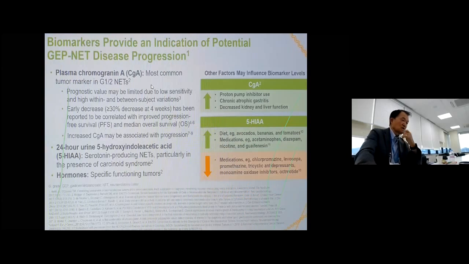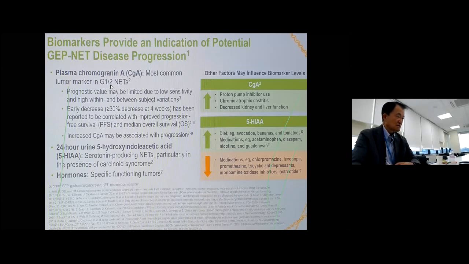We use chromogranin A mostly in clinics in the well differentiated, grade 1 or 2. When the tumor becomes aggressive, chromogranin A may not be elevated. So it's useful in early disease.